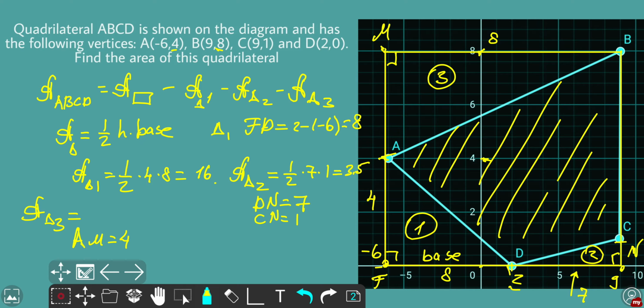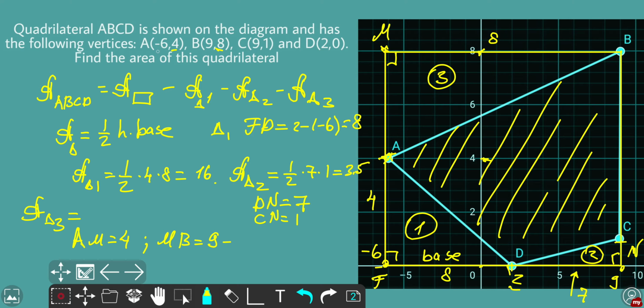Okay, next one. The base is from the x coordinate for A, which is -6, up to the x coordinate of B. So let's just mark the distance MB as the base. It's going to be 9, that's the x coordinate of B. It's right there.